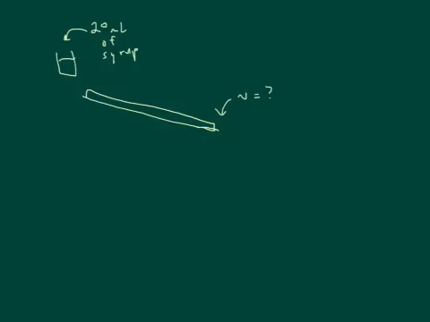Okay. And so my independent variable is the volume of syrup. Volume of syrup is my independent variable. My dependent variable is the speed at the bottom of the ramp.